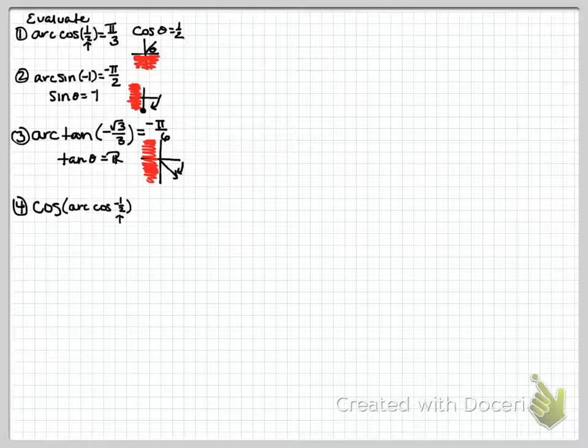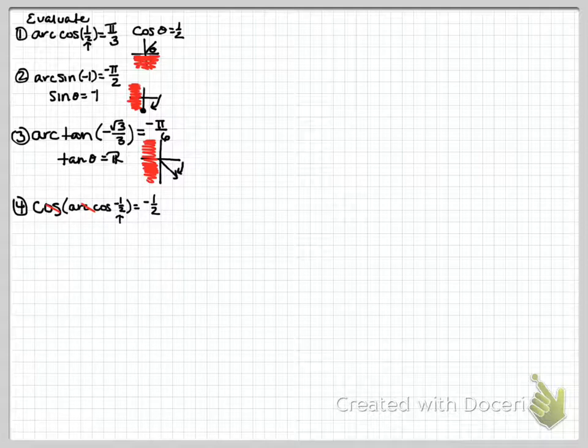So now I have cosine with its inverse. And what's going to happen is when you take a function with its inverse, they cancel out. And I'm left with just the negative 1/2.